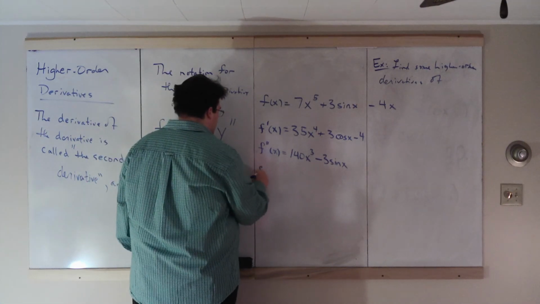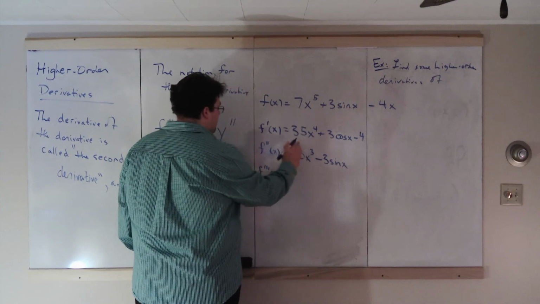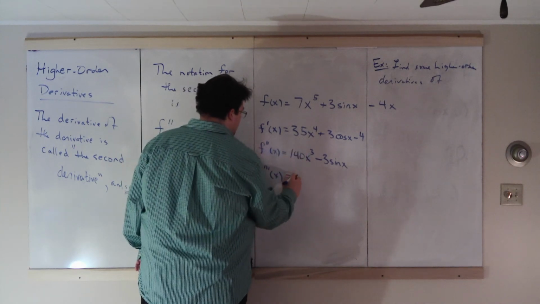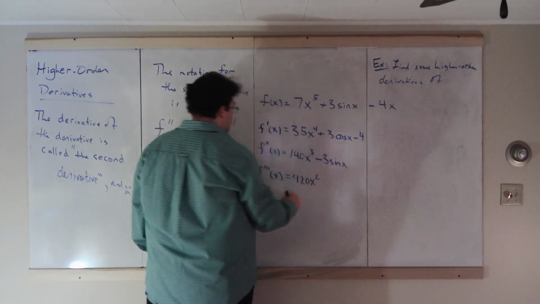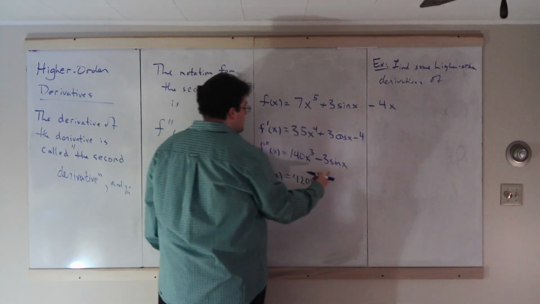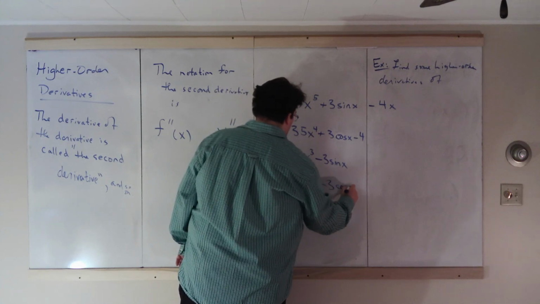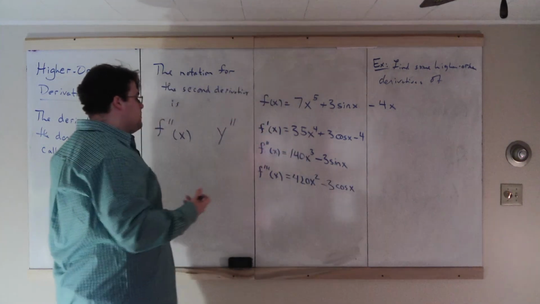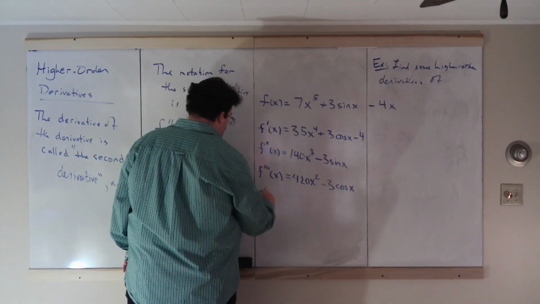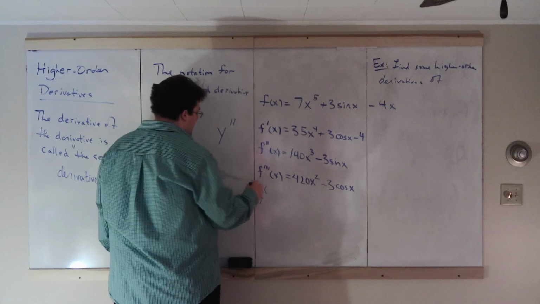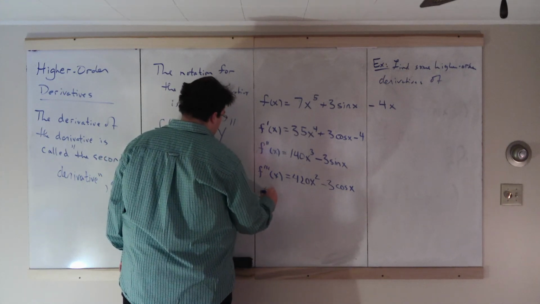Let's keep going. Third derivative. Derivative of x cubed is 3x squared. 14 times 3 is 42. Derivative of sine is cosine, and the negative carries through. Here for the fourth derivative, I'm going to put in parentheses I, V, like that.